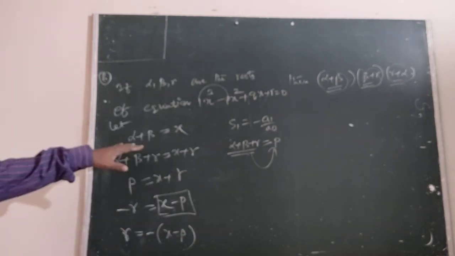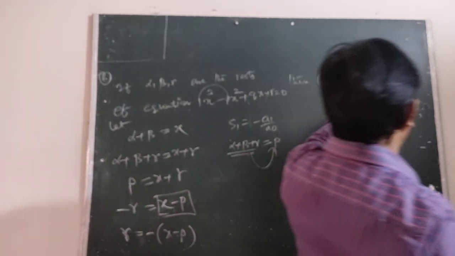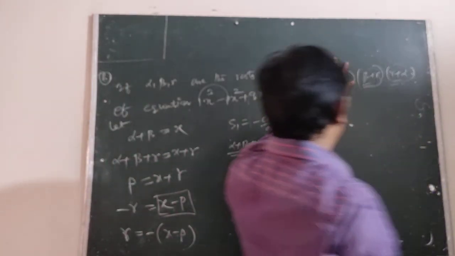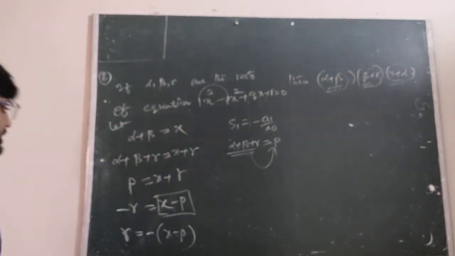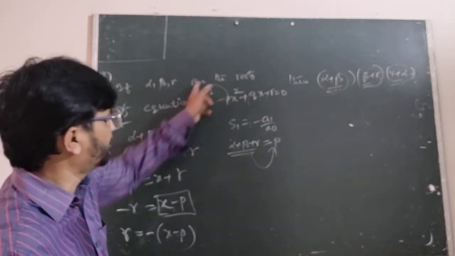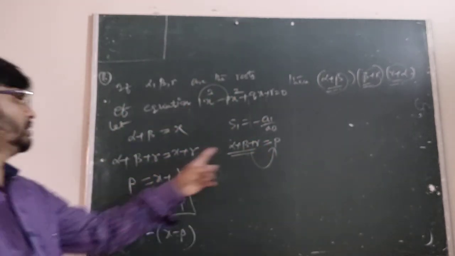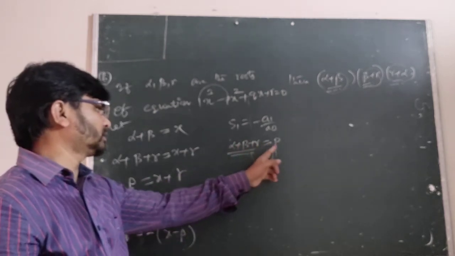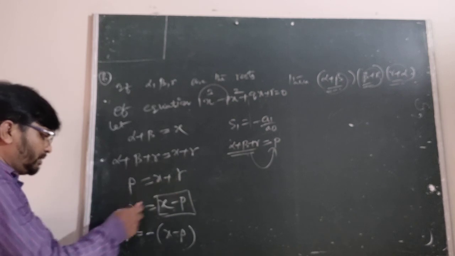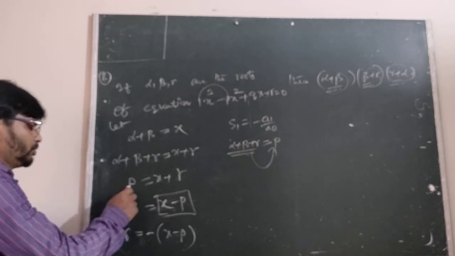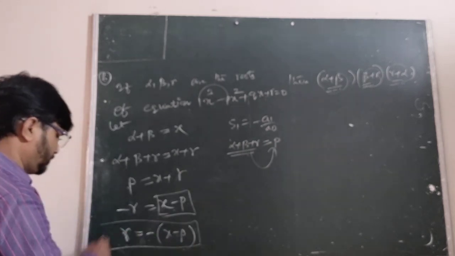Here, for alpha plus beta into beta plus gamma into gamma plus alpha, first we take alpha plus beta as x and add gamma on both sides. That is alpha plus beta plus gamma, which is minus a1 by a0, which is p. Therefore gamma is minus of x minus p.